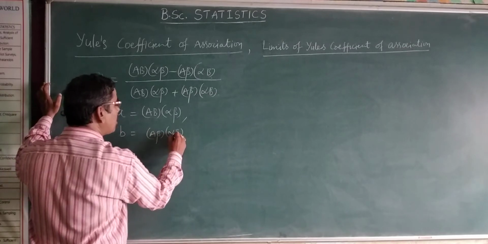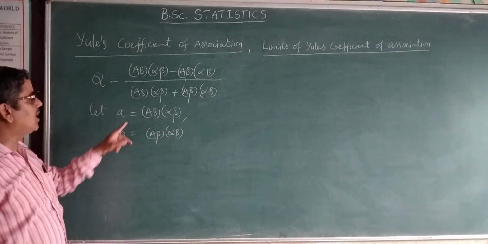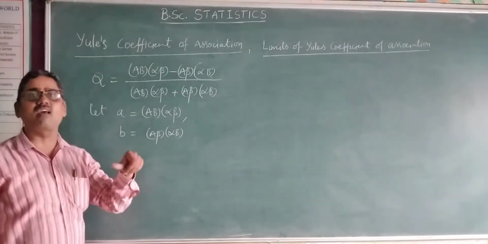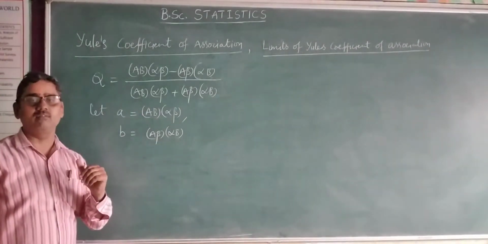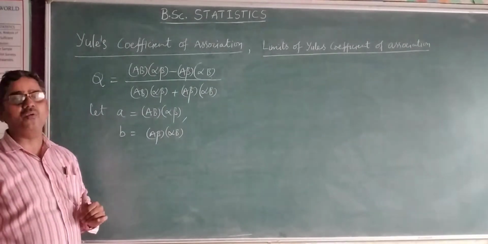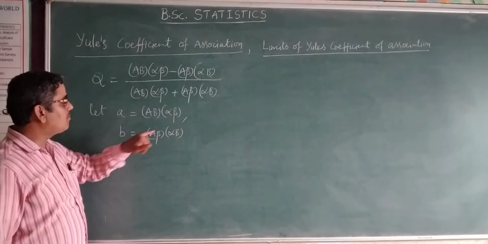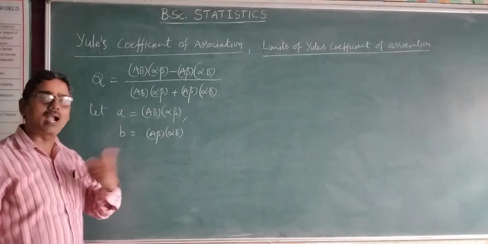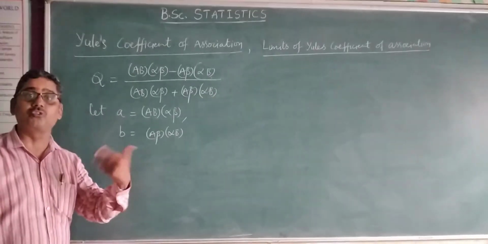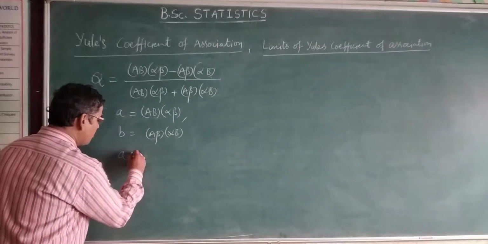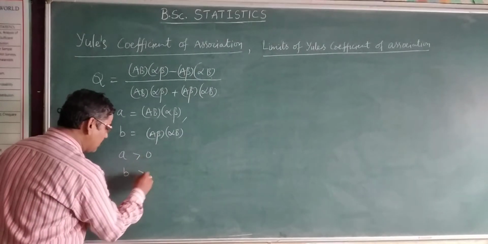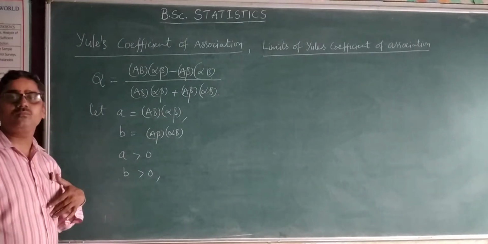If we consider these two integers, because all class frequencies are non-negative, then only the data is consistent. From that point of view, AB, αβ, Aβ, αB are all greater than or equal to 0. So if we consider the integers, then a is greater than 0 and b is also greater than 0.